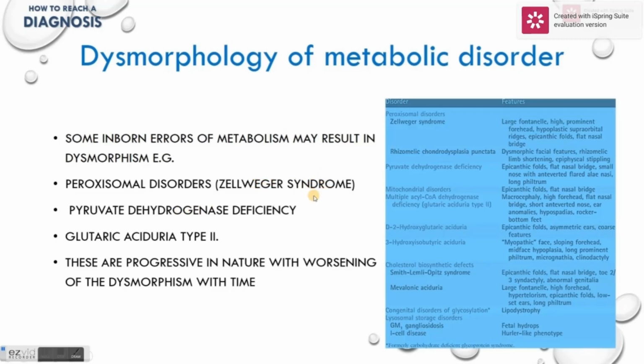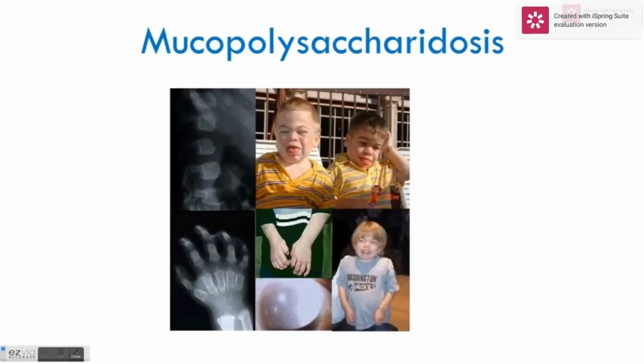Children in this group look like Down syndrome, with severe hypotonia, pyruvate deficiency, glutaric aciduria type 2, or also like Down syndrome. Mucopolysaccharidosis by itself has a lot of dysmorphism, in addition to the skeletal findings.